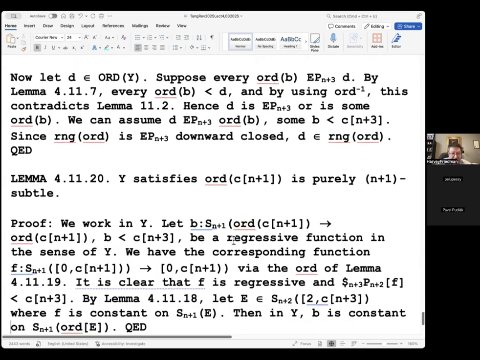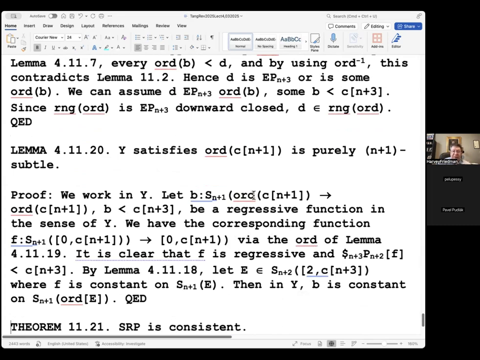All right, now finally we get that the structure satisfies that the ordinal associated with C of n plus 1 (now remember, this structure goes all the way up to C of n plus 3) is purely n plus 1 subtle.